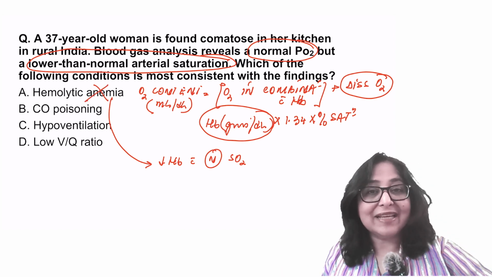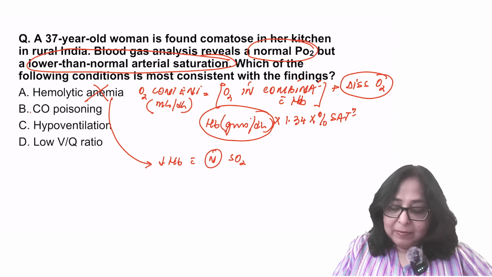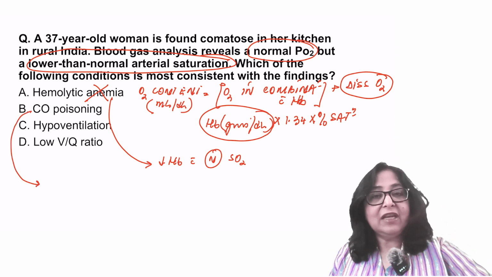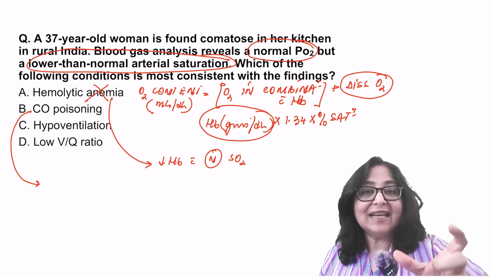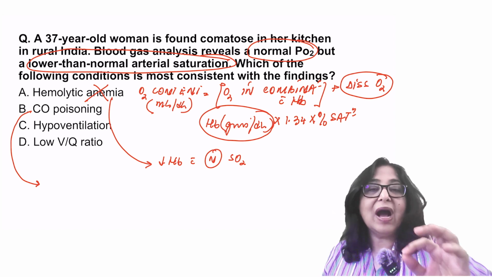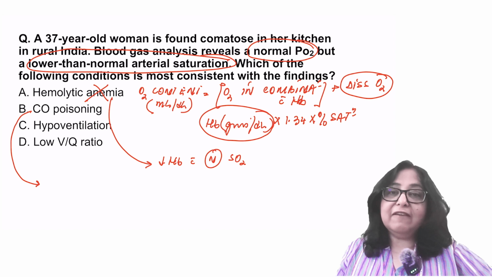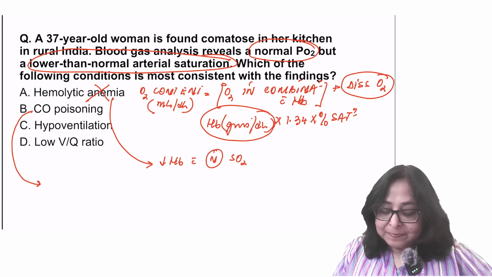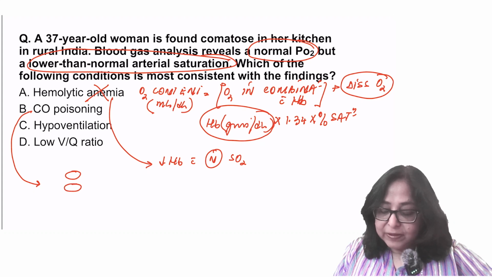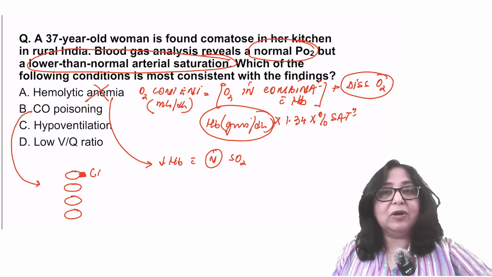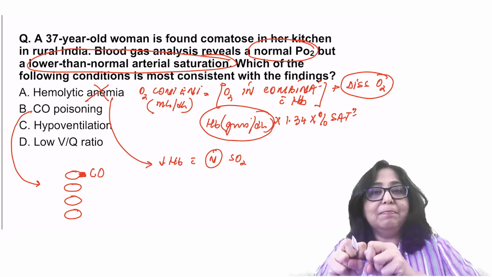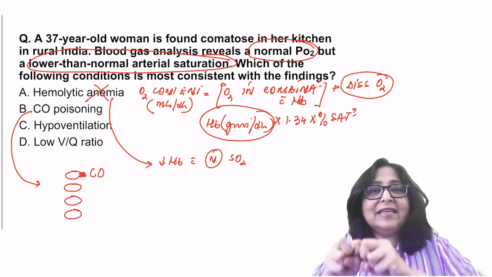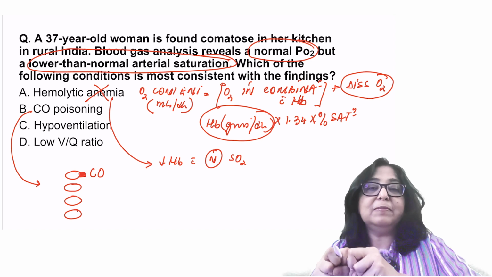Let's look at carbon monoxide poisoning. Now, in carbon monoxide poisoning, the affinity of carbon monoxide and heme is 210 times the affinity of oxygen and heme. We know that each hemoglobin has got 4 heme, and let's say 1 has got carbon monoxide. Once carbon monoxide binds with the heme, it is an almost irreversible combination.